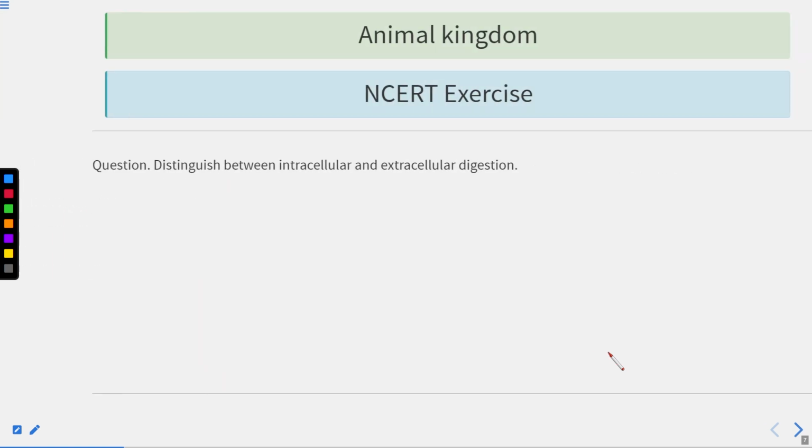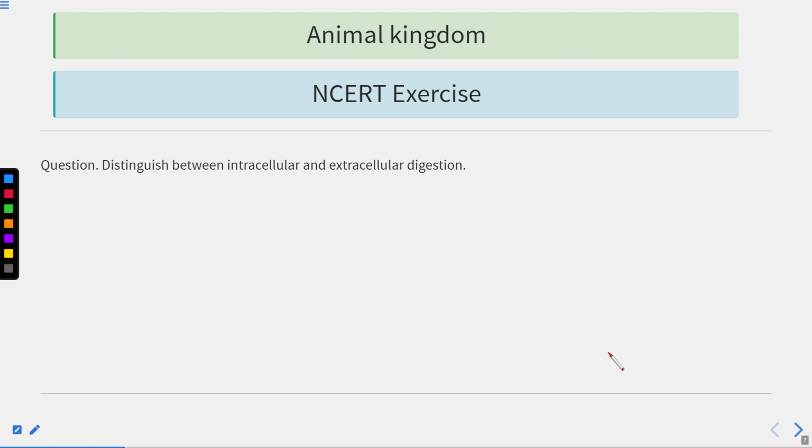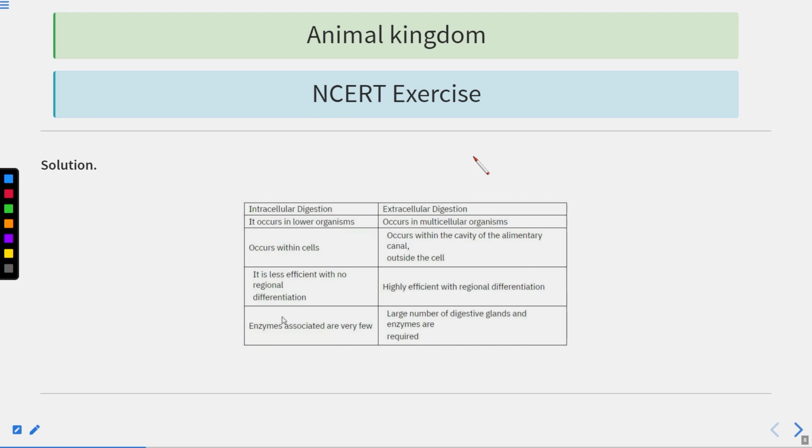Next question. Distinguish between intracellular and extracellular digestion. Two types of digestion are there, intracellular and extracellular digestion. So let us see here. It is given in tabular form.